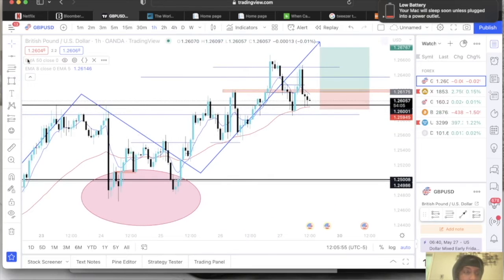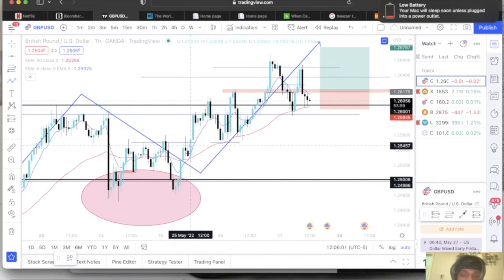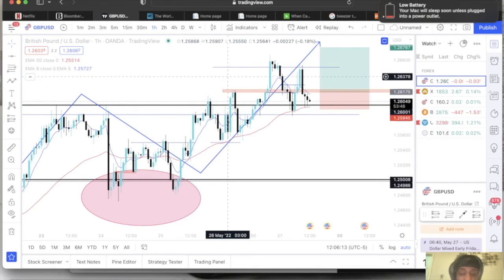So basically, price during London session, during 2 a.m., which is when I trade London session, price was making a lower high. Actually, let me make this. I don't have so much support and resistance.